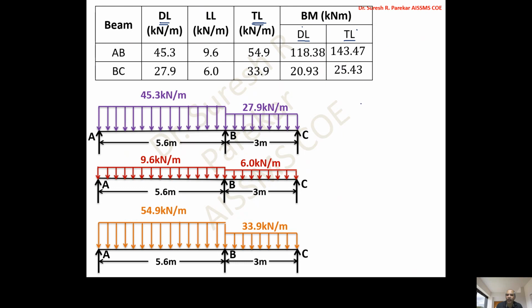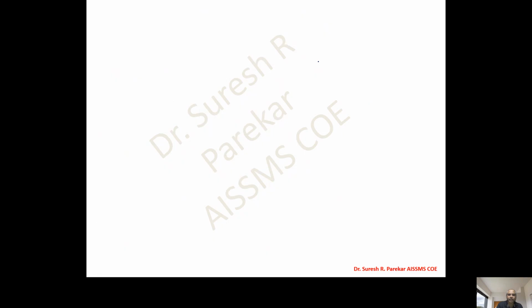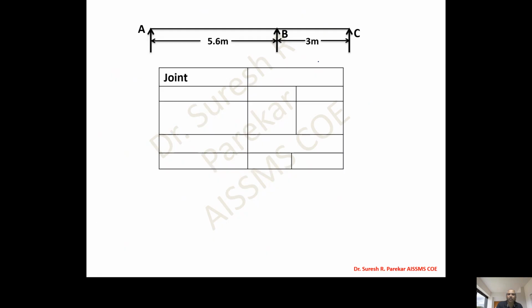So if we take dead load, then 45.3 into L effective we know 5.6 square by 12, and here we have total, that is 54.9, and in the same way here we have 27.9 into 3 square by 12 and 33.9 into 3 square by 12, and we will get these values of bending moment. We will go with moment distribution method, and therefore we have to find out distribution factors.